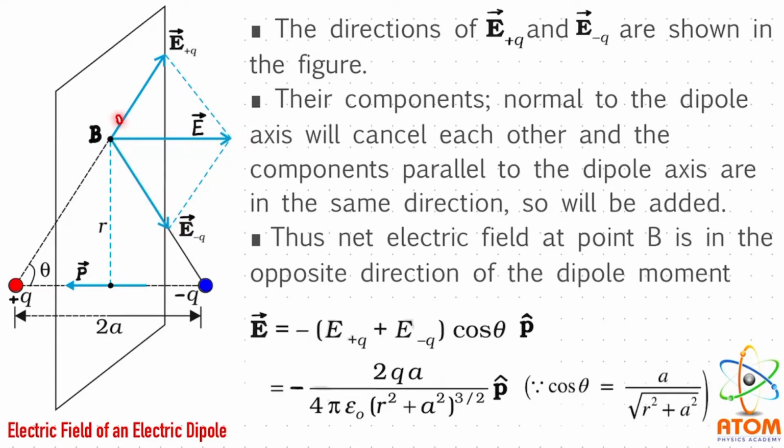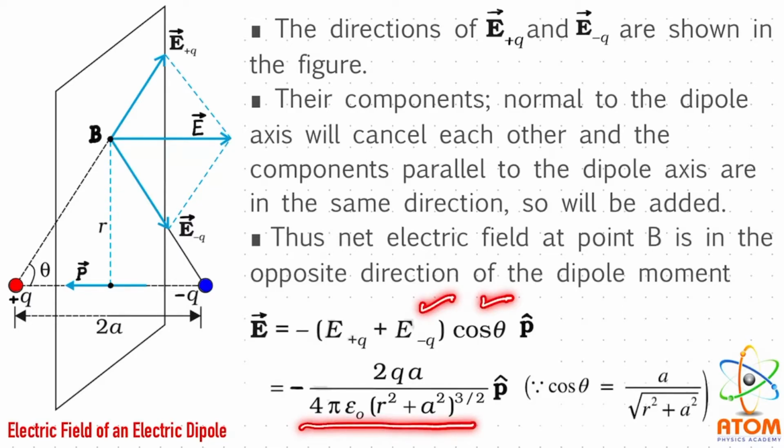So finally the electric field at point B will be E is equal to minus (E positive q plus E negative q) cos theta p cap. Here you can see there is a minus sign because the direction of this resultant electric field is opposite to the dipole moment p. Now putting the equations of E positive q, E negative q and cos theta, we will get this equation.